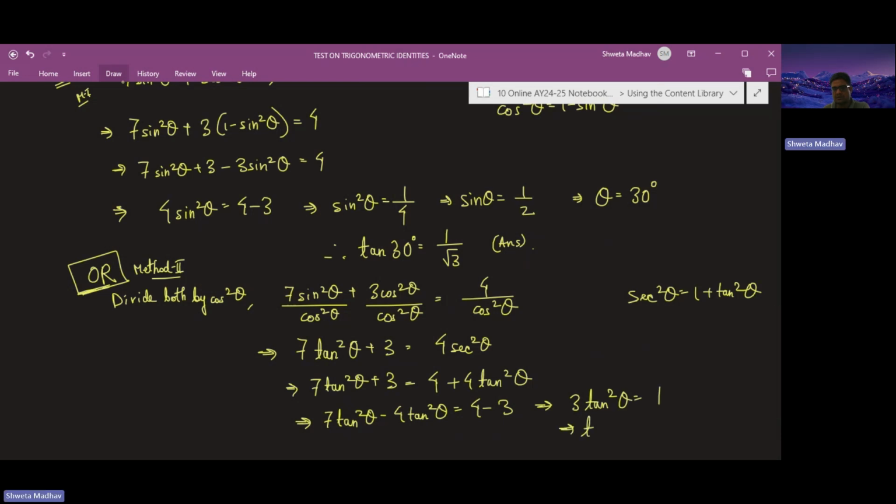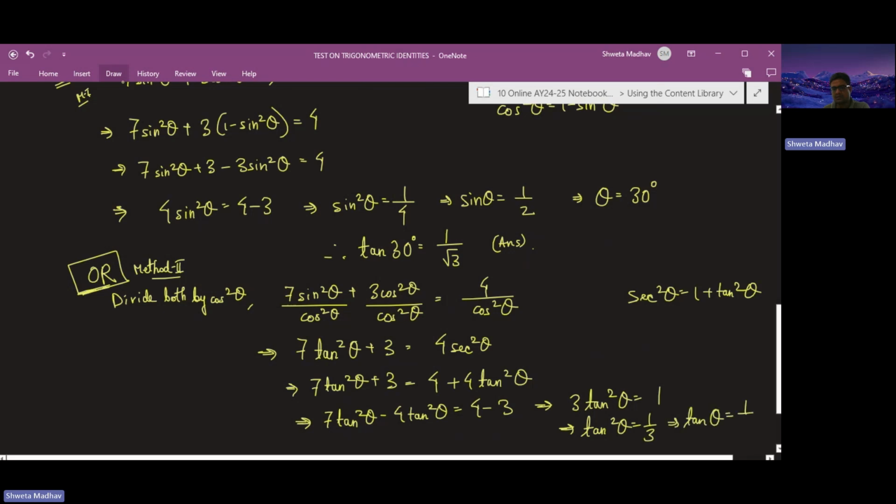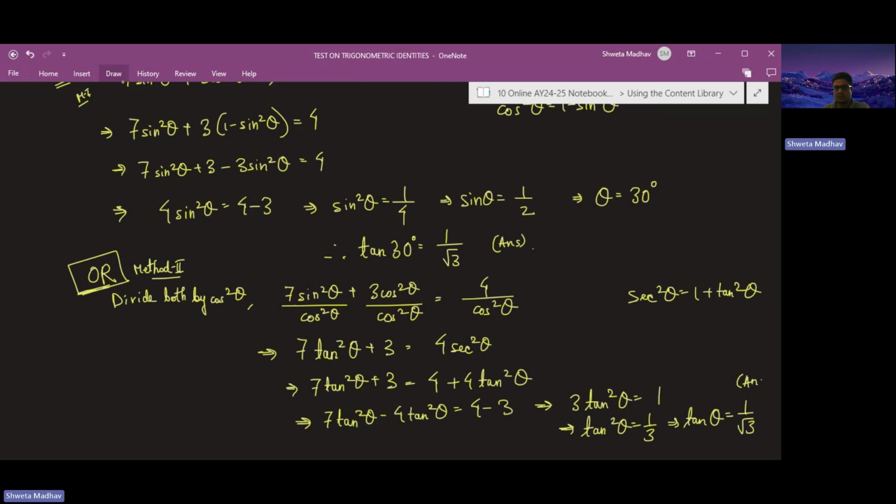So tan square theta is 1 by 3, so tan theta will be 1 by root 3. So 1 by root 3 is the answer. In the first method we can solve, and in the second method also we can solve. In both ways we will get the same final answer.